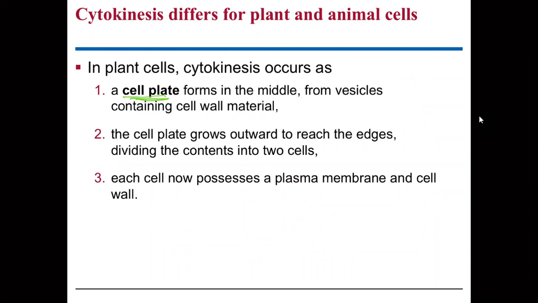Later, on the next slide, we have a better illustration of this. And then after that cell plate formation in the middle, that very cell plate would grow outward to reach the edges and would physically divide the contents of that single cell into two cells. And then after that, each cell would now have a plasma membrane and cell wall.